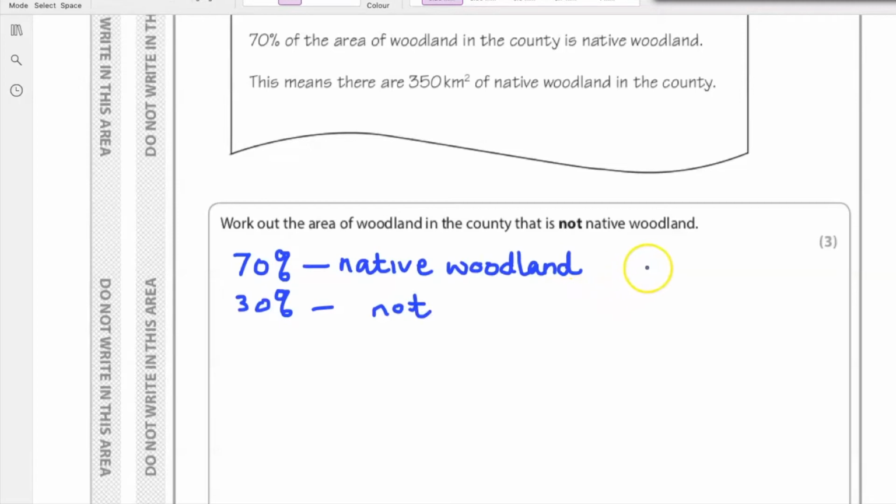So the total area is 350 kilometers squared.